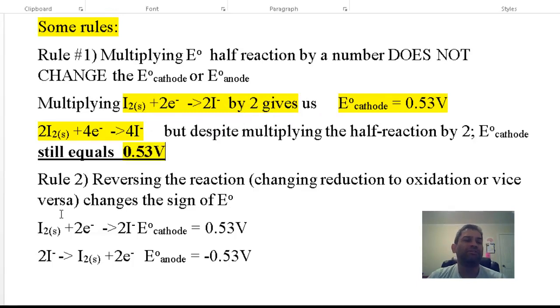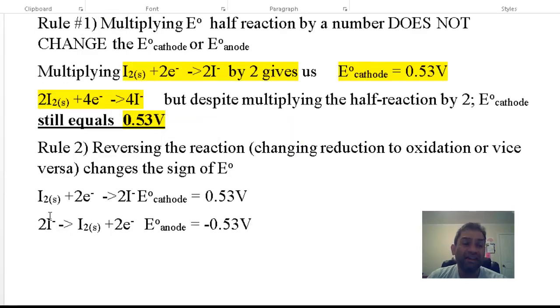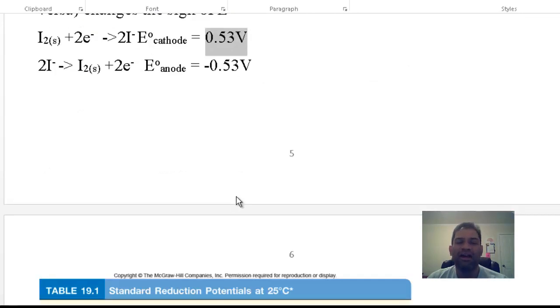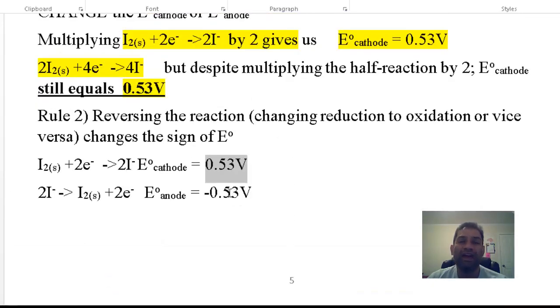So multiplying a half reaction or any of these reactions that you see in the standard reduction potential table will not multiply the volts by the same amount. It's a state function. So whether you have 2 moles or 3 moles, it doesn't matter. The voltage will be the same.